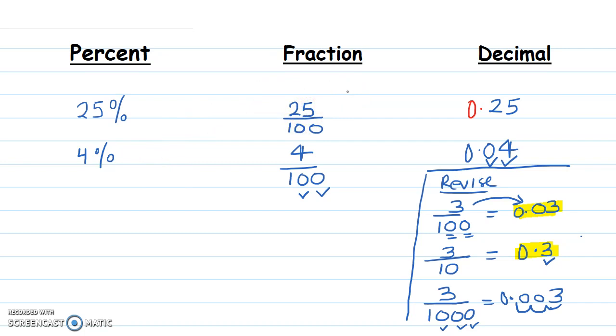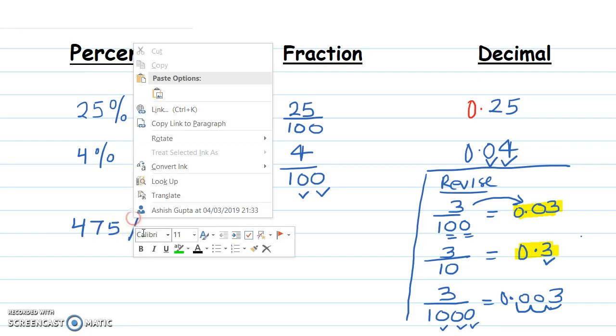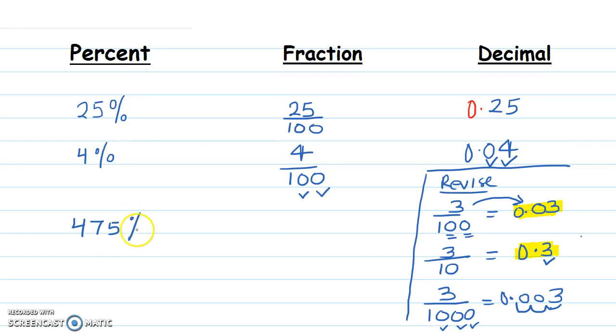Isn't it easy peasy? Now let's write down a little bit bigger number, 475%. So what does it mean? 475%, that is 475, and percent means divide by 100. And how can we write it in decimal?